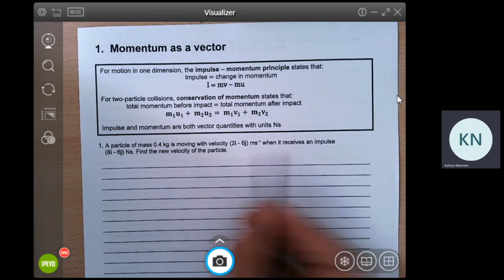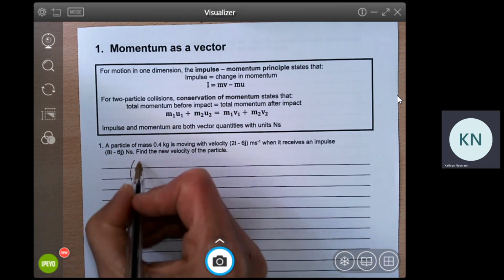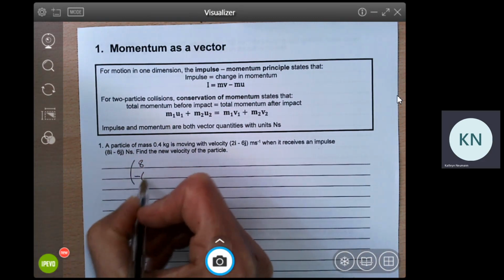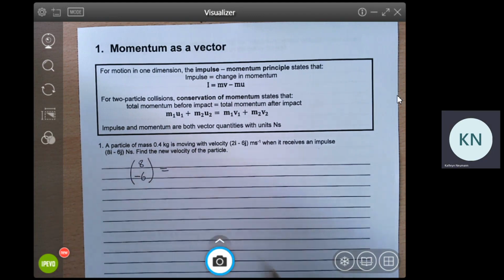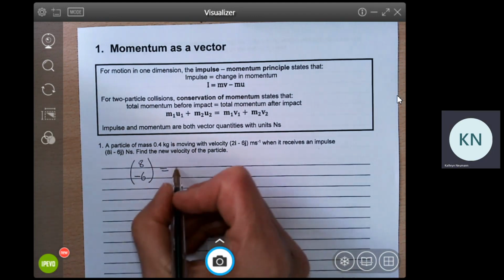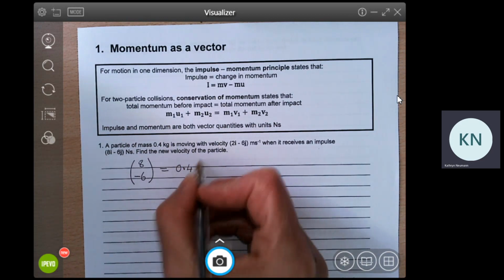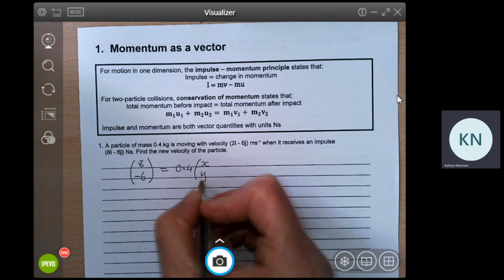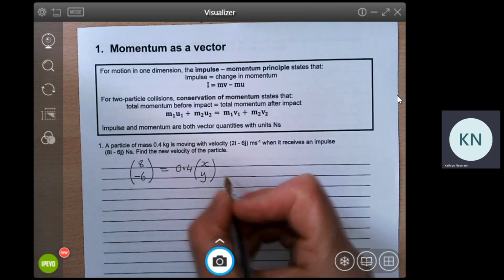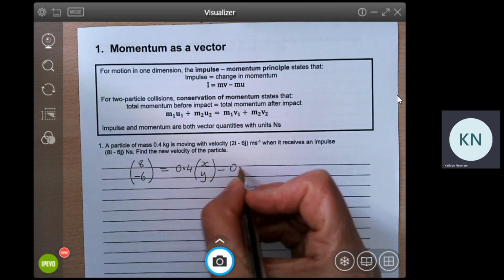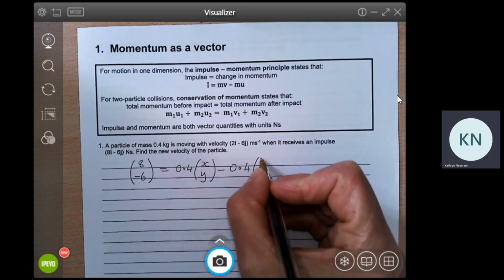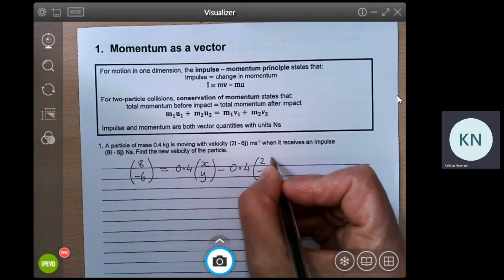So the impulse, which is (8, -6), is going to be the change in momentum. So the momentum at the end, 0.4 times (x, y), we'll call the velocity at the end, minus 0.4 times the initial velocity, which is (2, -6).